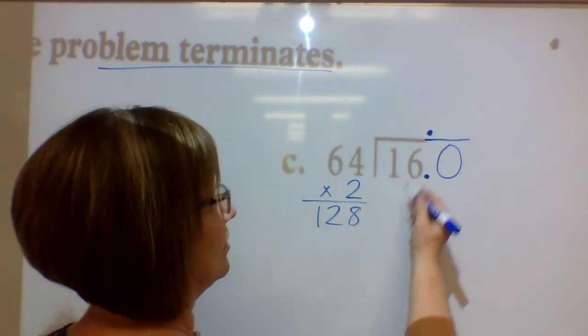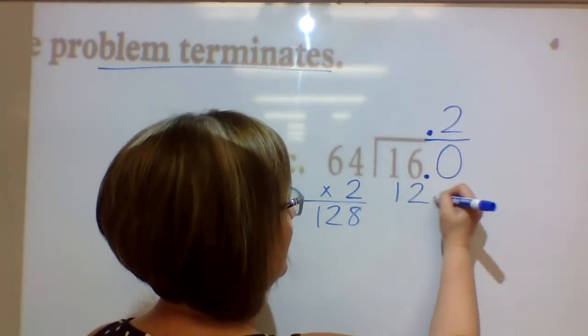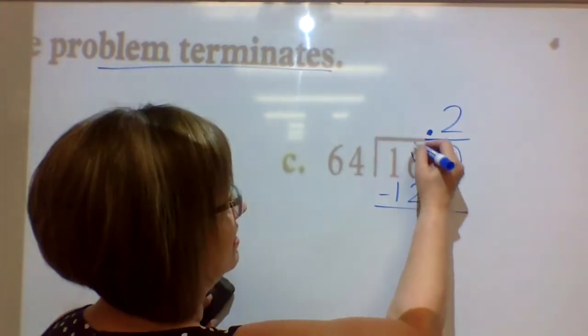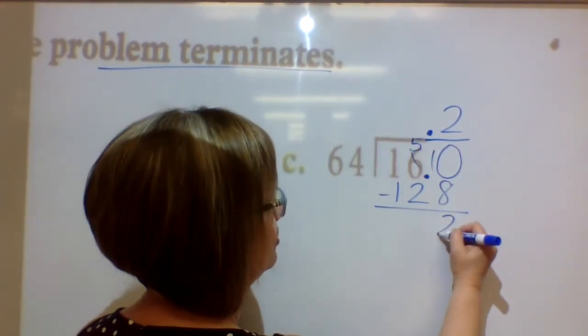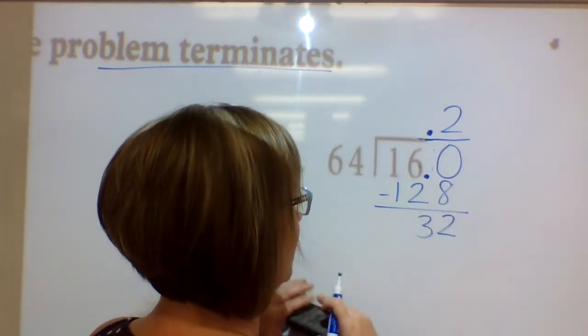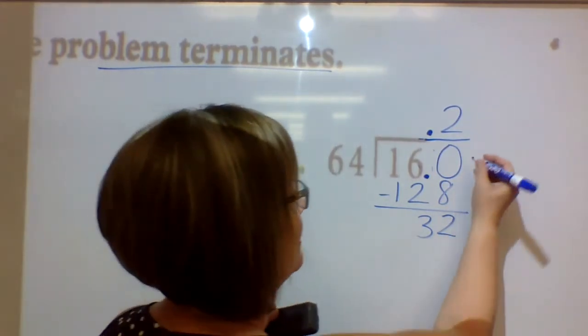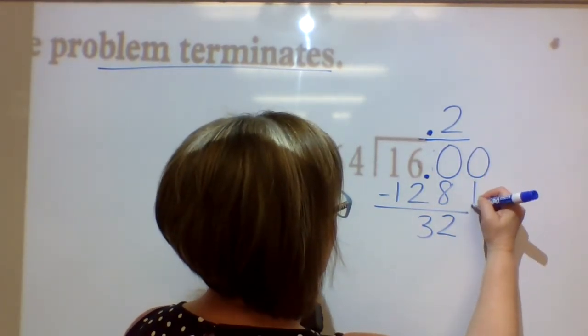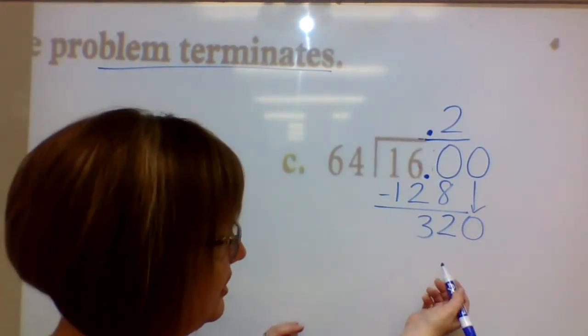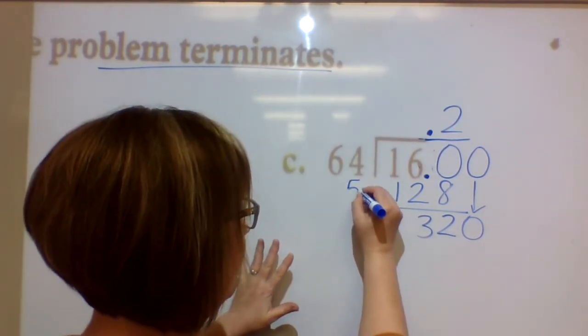4 times 2. Okay, so 2, 128. 2, 3, 32. Okay, so not a 0. Annex another 0, bring it down. How many times would 6 go into 30 or 32? I'm thinking 5.